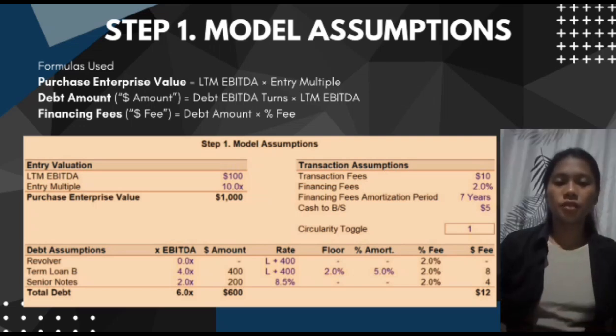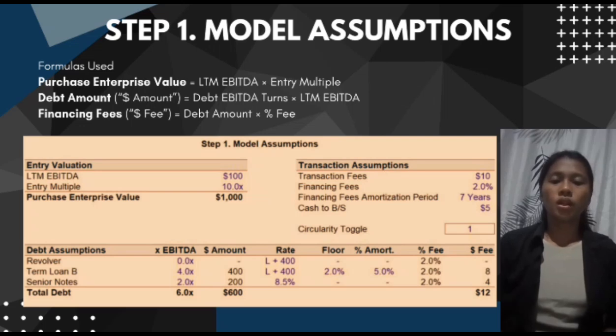The transaction fees for June Co included 10M for advisory work and a 2% financing fee for raising debt capital. The minimum cash balance required post-closing was 5M, indicating June Co needs 5M in cash on hand to meet short-term working capital obligations.